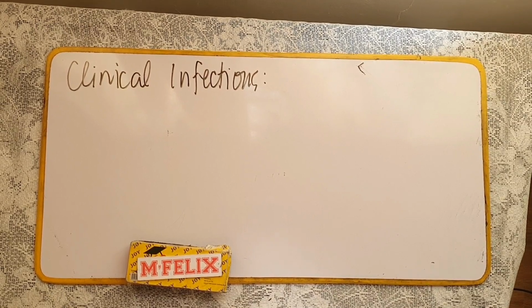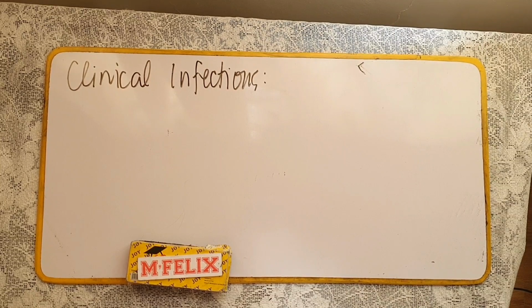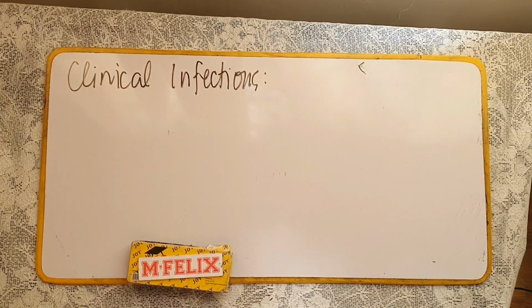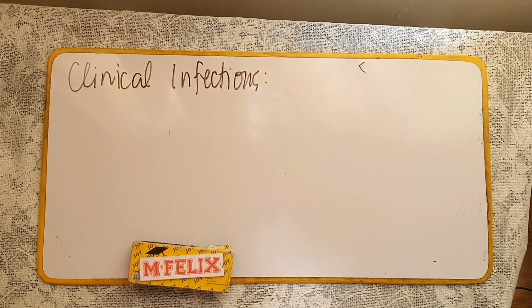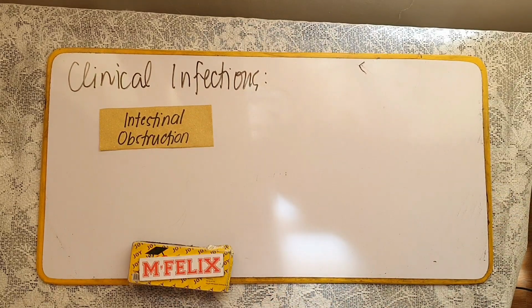Now, the pathological changes caused by these parasites are traumatic, obstructive, and toxic. There is inflammation and ulceration at the site of worm attachment, producing increased mucus secretion and minimal bleeding. In heavy infections, the worms may cause intestinal obstruction.